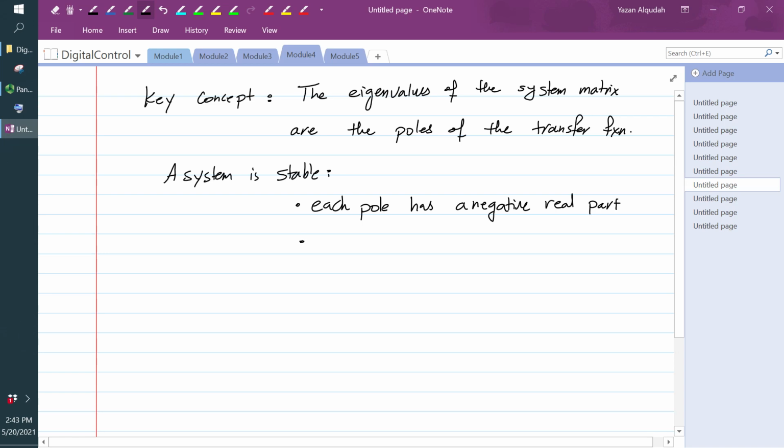And if I'm dealing with a state space representation, the system is stable if each eigenvalue of the system matrix has a negative real part.